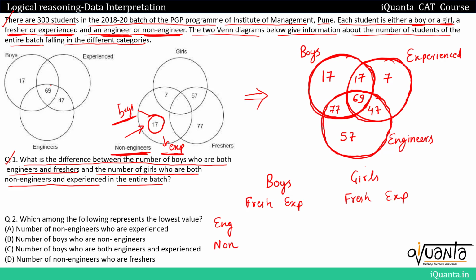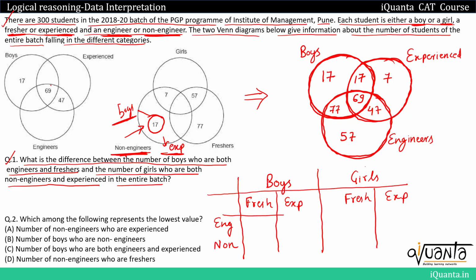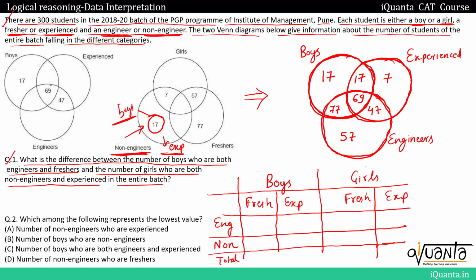So this will be our table. And since we were given 300 students in total, let us also take the total into consideration. So we'll have the total over here, and we'll also take the total over here into consideration. So let us quickly fill this table.